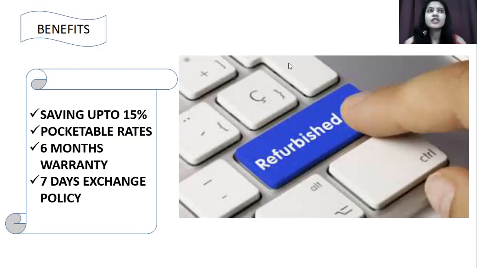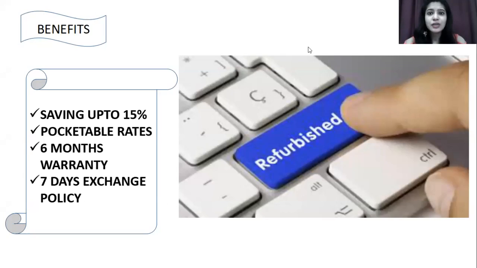So we can say that this is a good variation. Profitable rates है, savings है, 6 months warranty है, 70 exchange policy, everything is here, so you can definitely enjoy it.